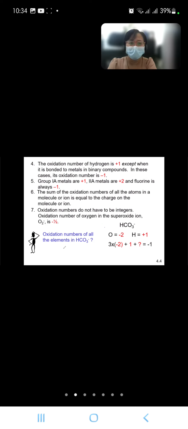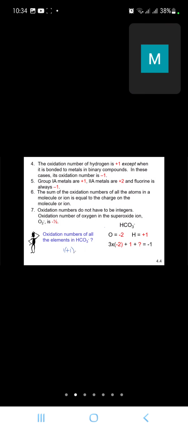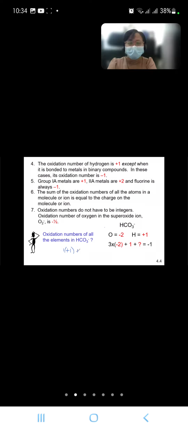There is 1 atom of hydrogen times its charge, +1, plus we do not know the oxidation state of carbon, times 1 atom of carbon, plus 3 atoms of oxygen times the charge of oxygen in this compound, -2. And the overall charge is -1.